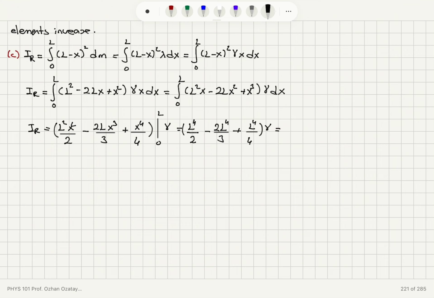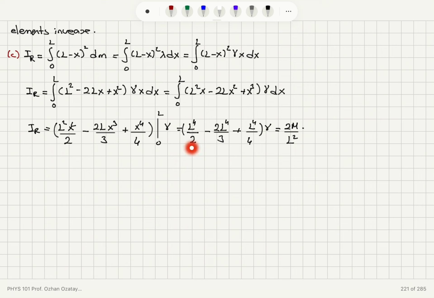So this has to be multiplied with gamma. Now I recall that my gamma was 2 capital M divided by L squared. Let's make everything common denominator. Let's start with the first term here.